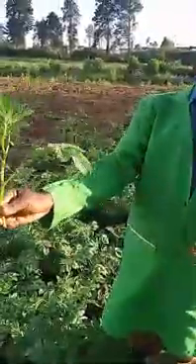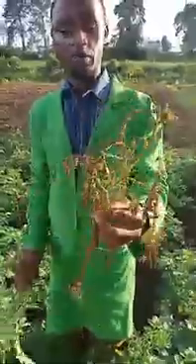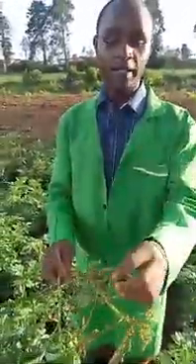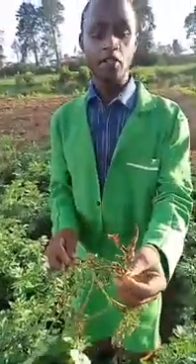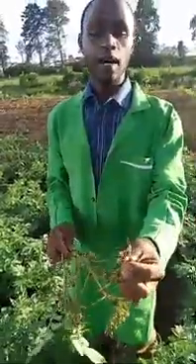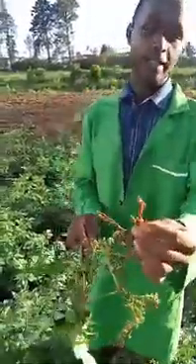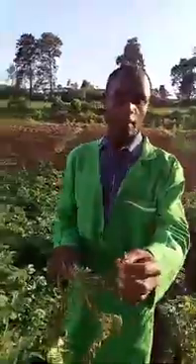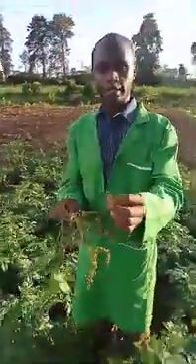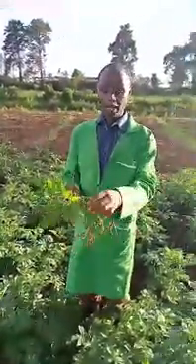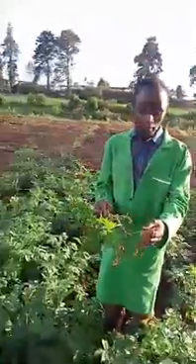If you compare this plant, which is a healthy plant, with this one that has been affected by the red blight of potato, this is our indicator, the symptom that shows it is red blight of potato, and it has affected our crop. The leaves are necrotic, and some of them are chlorotic, which means they are yellow.